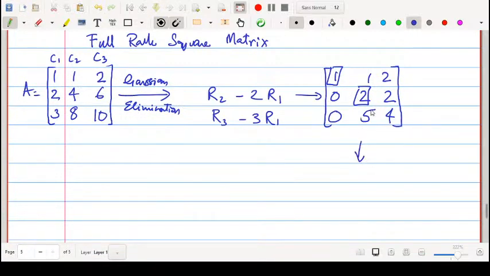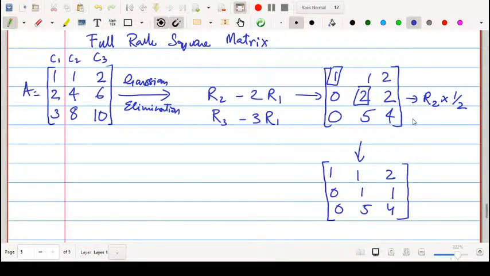Before finding this, I can make things easy for myself if I make this pivot 1, right? So turn this pivot 1 by doing row 2 multiplied by half. So let's do row 2 times half, and that gives me first row is preserved, second row is 0 1 1, the third row is just this, right?